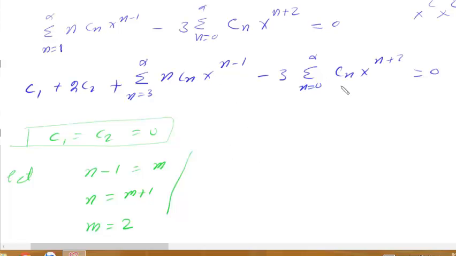Now for this term, n + 2 = m. Then the value of n is m - 2, and the limit of m, when we put the limit of n = 0 here, is also m = 2. Then we substitute these values into the equation.